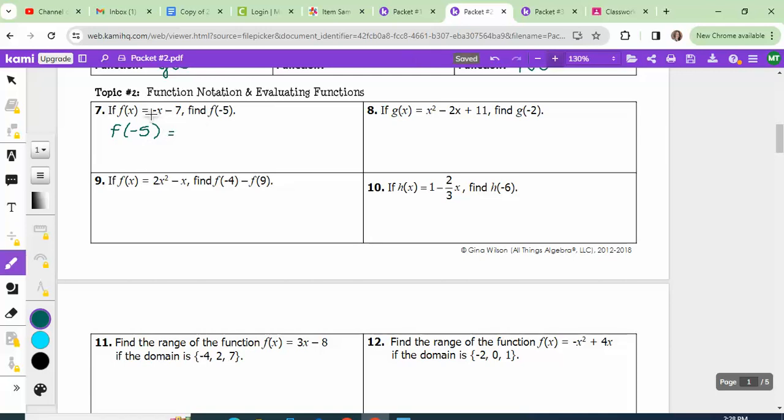Put the negative 5 in for the x. So this negative stayed. We just replaced the x with the negative 5. Two negatives in a row make a positive. So 5 minus 7 would be -2. So we're only changing our x.